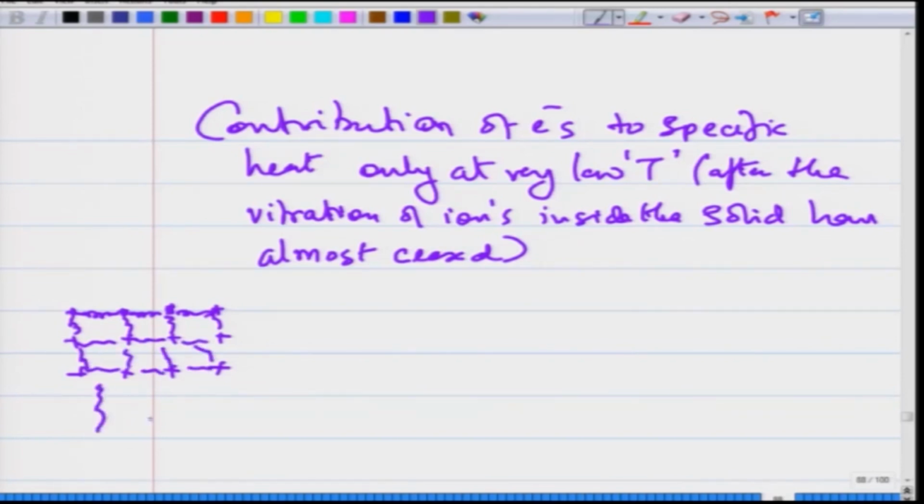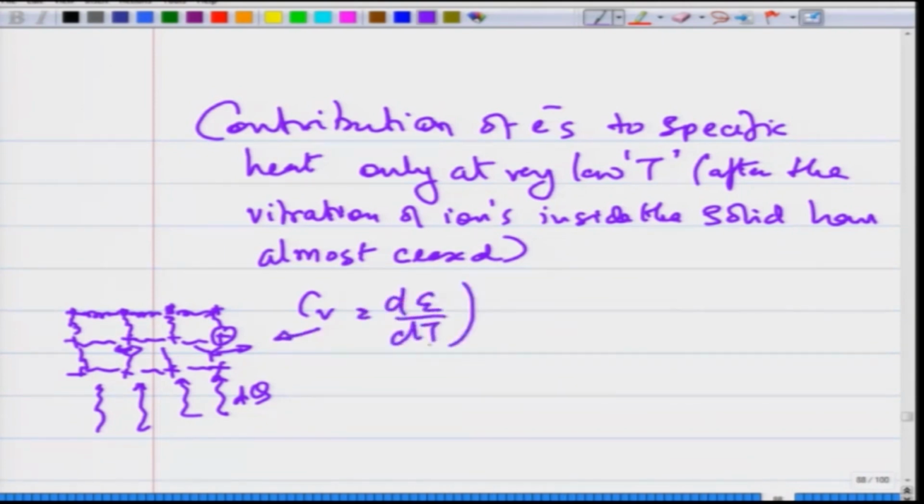So, when you give heat energy dq to the system, all these ions will start vibrating and shaking. They will pick up the energy, their energy will increase, and there will be a specific heat which is the change in the energy as a function of temperature, governed by the vibration of these ions inside the solid.